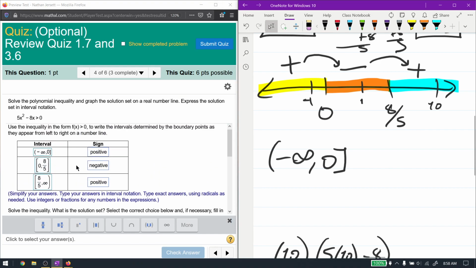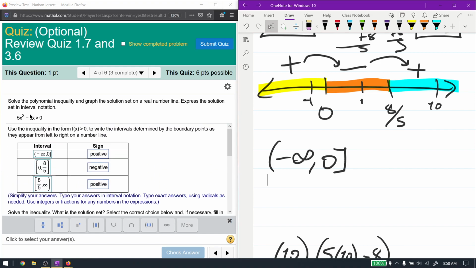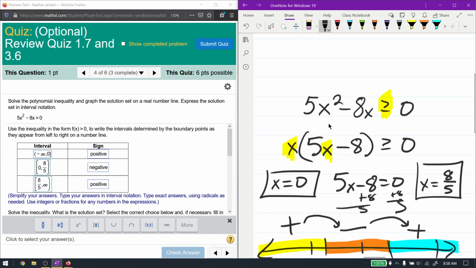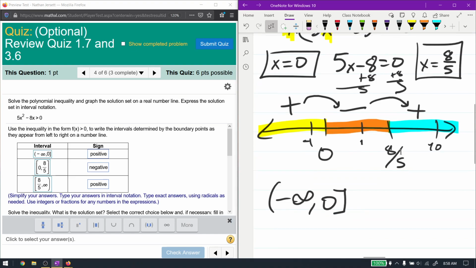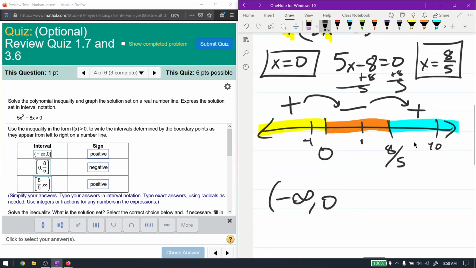Oh, no. I wrote it wrong, actually. It's just greater than. That's my bad. So it's not going to use square brackets. We're going to use parentheses. Sorry about that. Let me just change these over to parentheses.